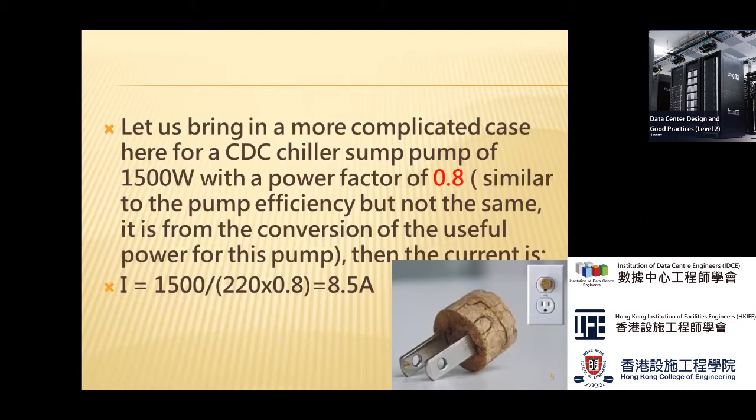But because of this power factor, there's some loss in the equipment due to friction, due to other harmonics, or due to other things, then you need 8.5 amps instead of the original 6.8 amp if we take away this power factor.